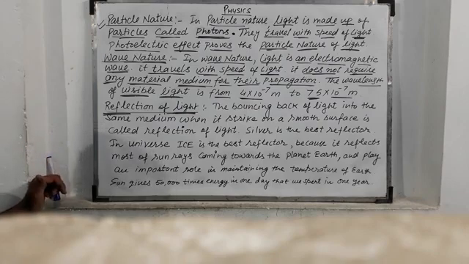But in case of non-luminous objects, first the light goes from luminous objects to the non-luminous objects, they reflect the light, and this reflected light enters our eyes. That's why we can see the non-luminous objects.